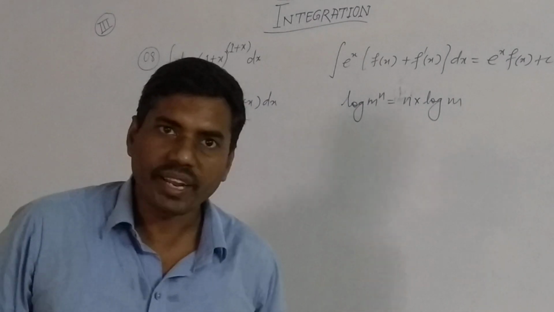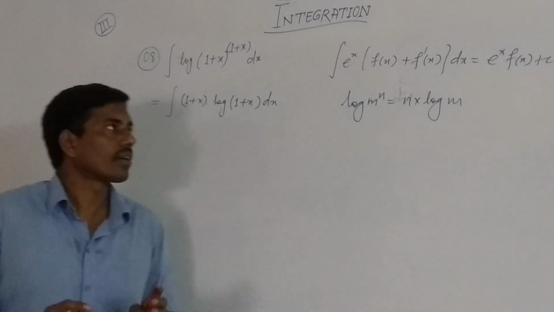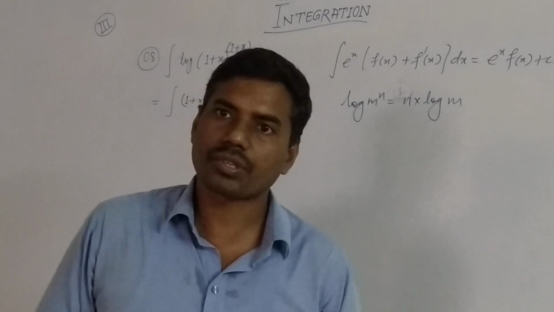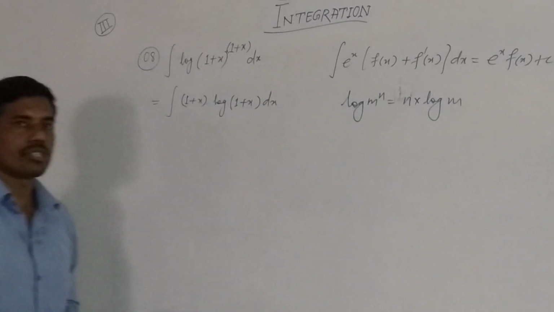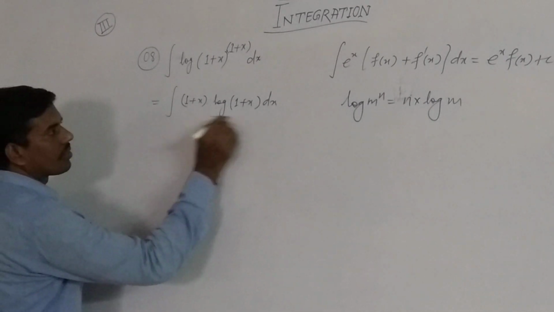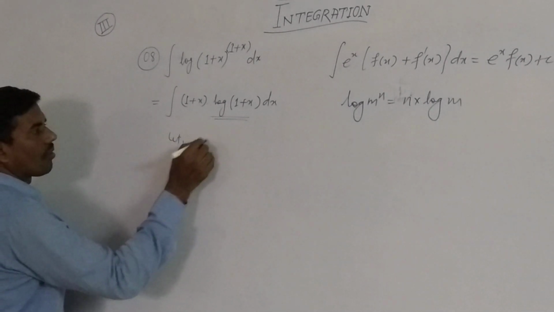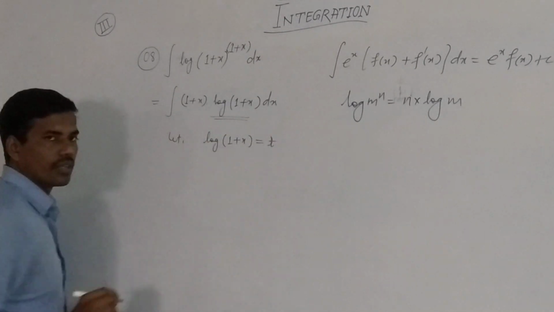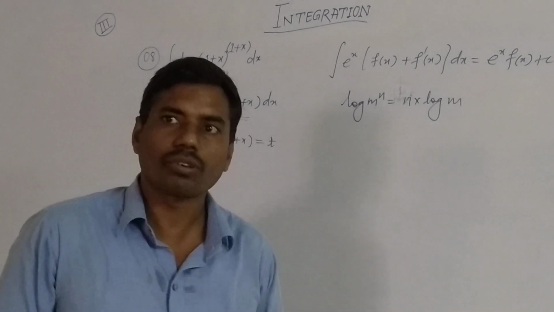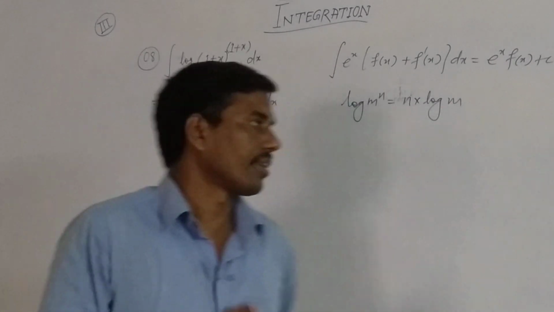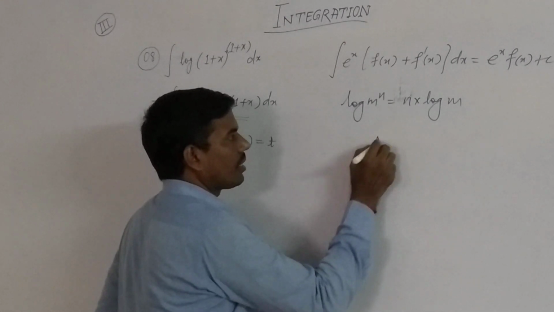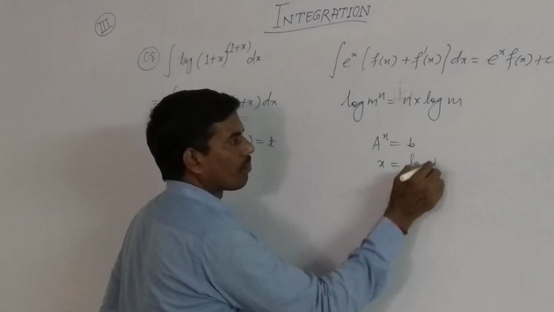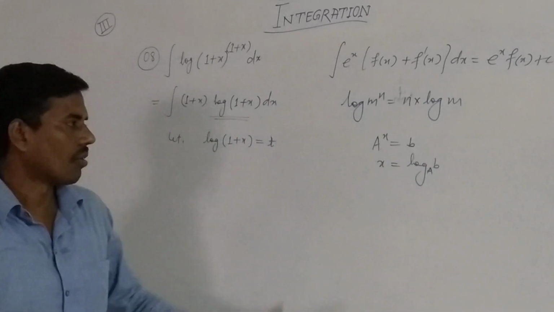Okay, now we have to make a term having e to the power x, that is, an exponential function. So how can we make an exponential function? For that, let log of 1 plus x be equal to t. Using the definition of logarithms, if a to the power x is equal to b, then x is equal to log of b to the base a, and vice versa.